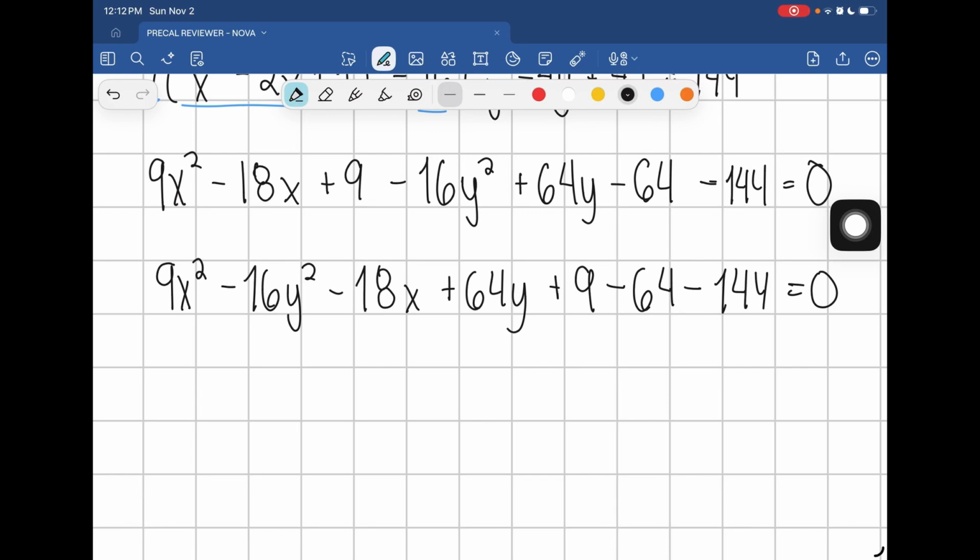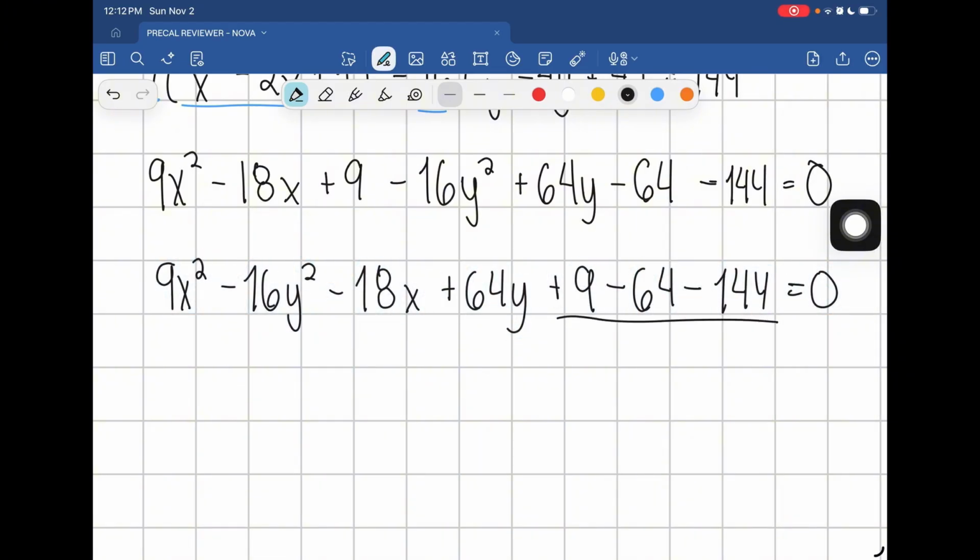Next, let us combine like terms. So x squared and y squared are not the same, they do not have the same variable, and x and y do not have the same variable.